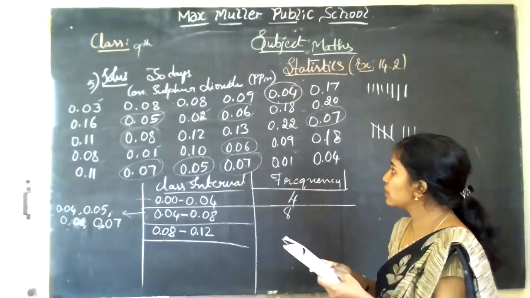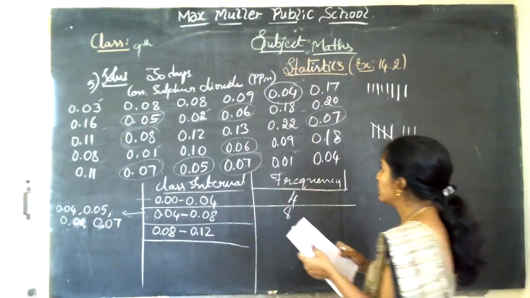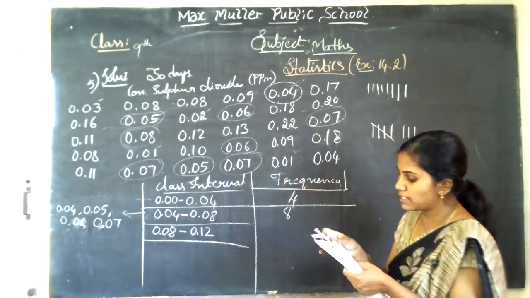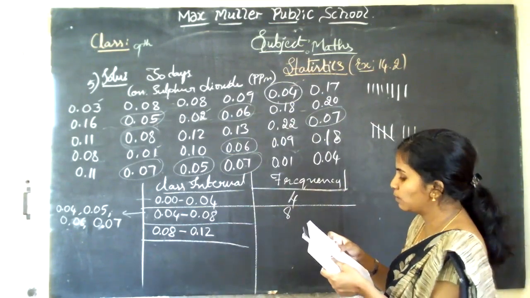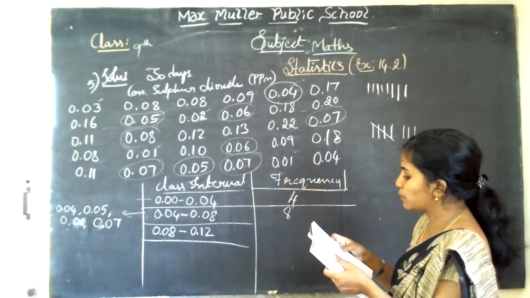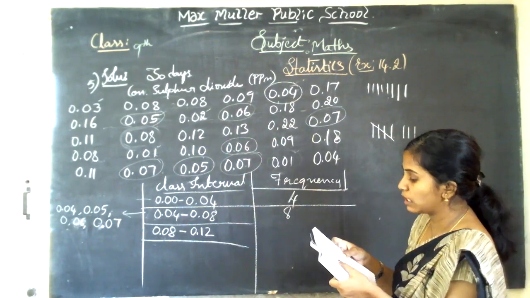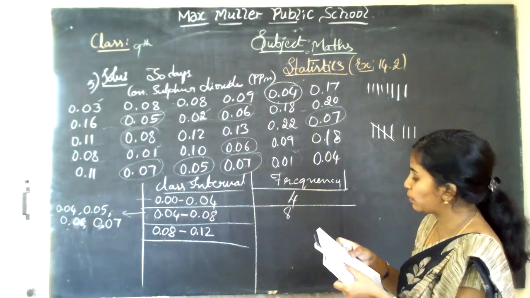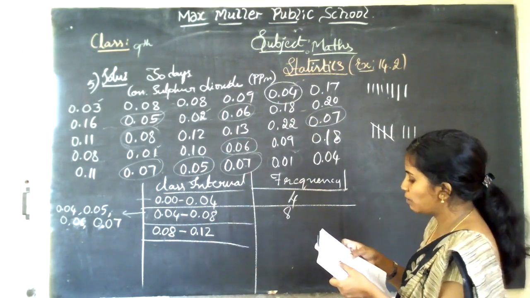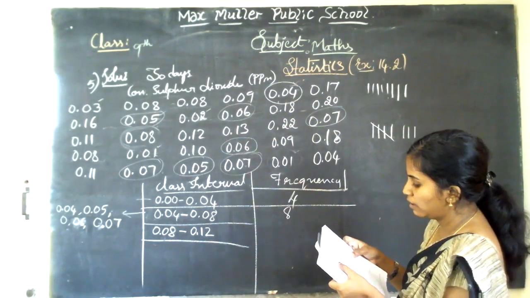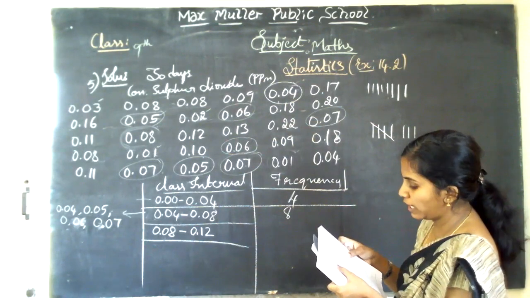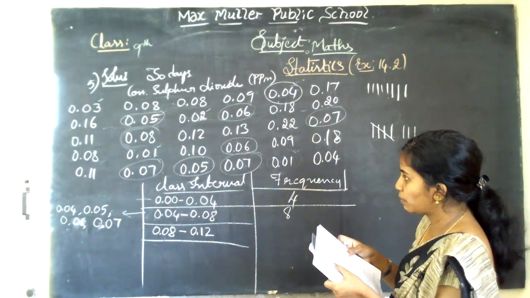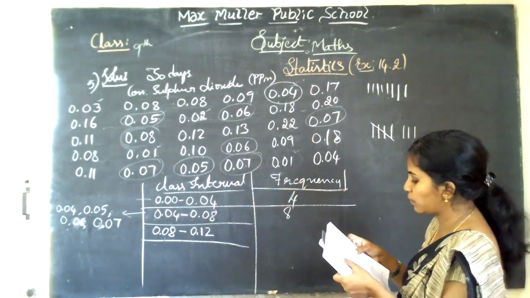0.03, 0.08, 0.08, 0.09, 0.04, 0.17. The first row is correct. 0.16, 0.05, 0.02, 0.06, 0.18, 0.20. Third row, 0.11, 0.08, 0.12, 0.13, 0.22, 0.07. Next, 0.08, 0.01, 0.10, 0.06, 0.09, 0.18.